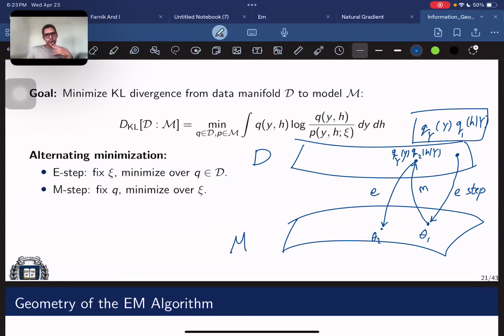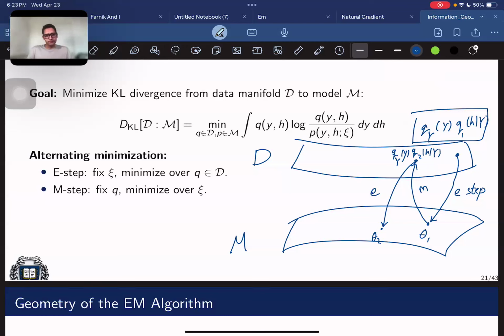Okay? In this way, you are not only taking optimization with respect to your parameter space, you're also taking optimization with respect to your belief system of which point in this Riemannian manifold, the data manifold, the data is coming from.